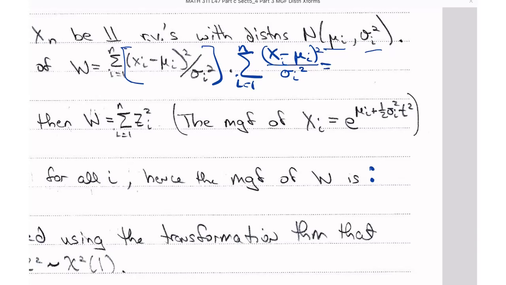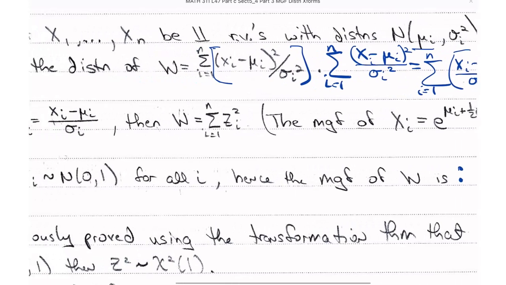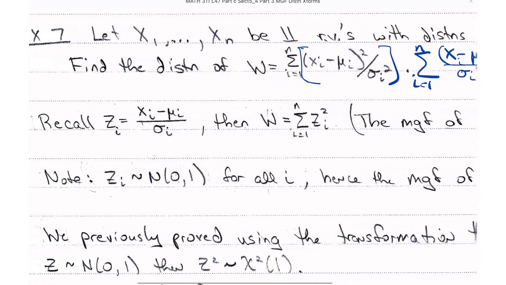And so I can rewrite that again as the sum from i equals 1 to n of ((Xi minus mu i) over sigma i) quantity squared. Okay? And so remember that we use Z as our substitution for (Xi minus mu i) over sigma i.